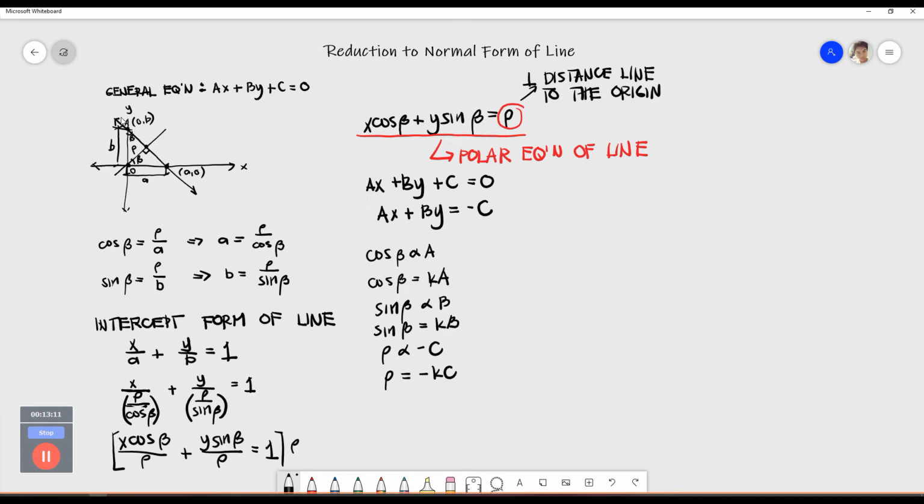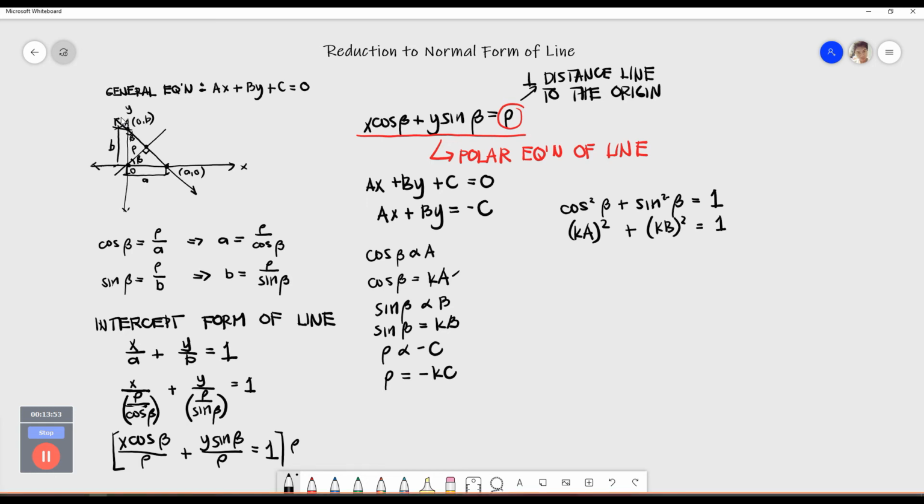Next, we know from trigonometry that cosine squared beta plus sine squared beta is equal to 1. Replacing cosine beta with ka, this one is squared plus kb squared, which is equal to 1.